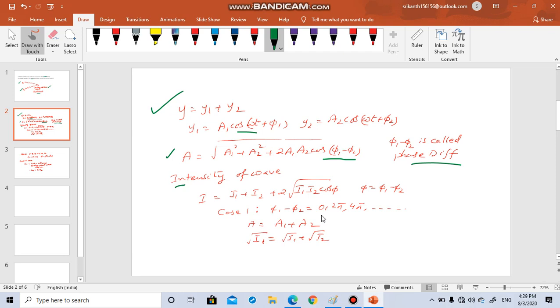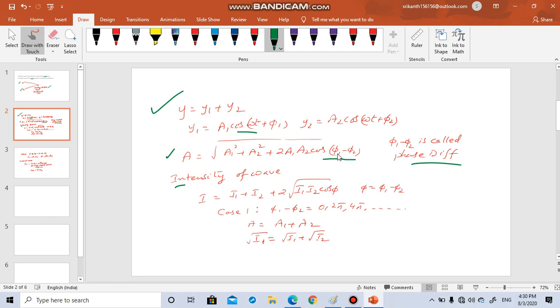We are taking the specific case where phi 1 minus phi 2 is 0 or an even multiple of pi. What will happen to the cos value? Cos of 0 is 1. In the amplitude expression, this term will become 2 a1 a2 because cosine of 0, 2 pi or 4 pi is 1 only.